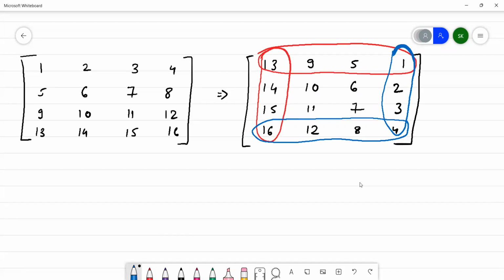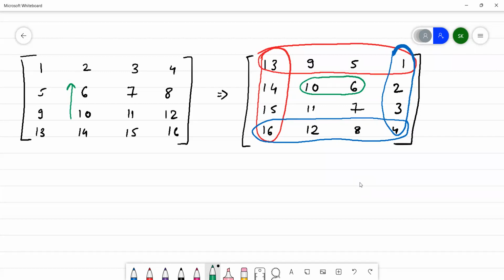But is this cycle enough for your rotation? Are these the only elements getting changed in this entire matrix? No. You can also see that internally also a cycle is being followed, right? You can see here 6 and 10, you can refer to 6 and 10 as your first column. So it is changing to your first row.